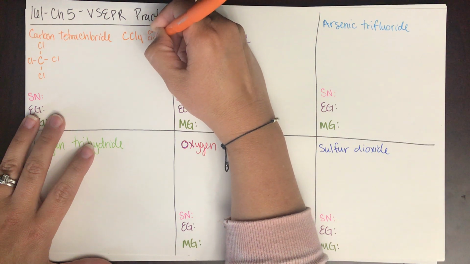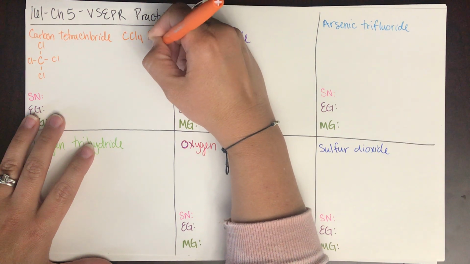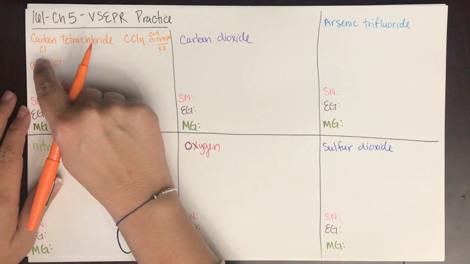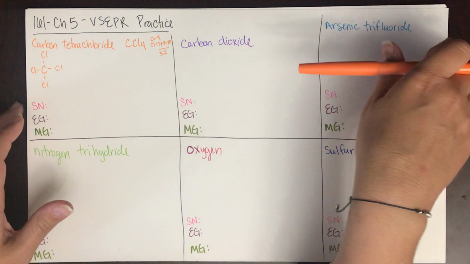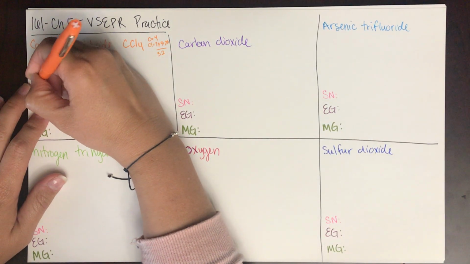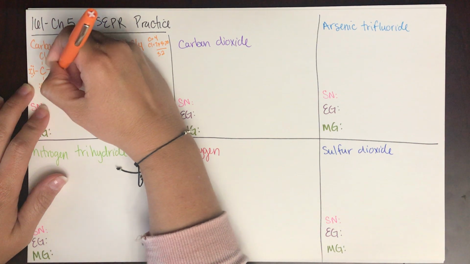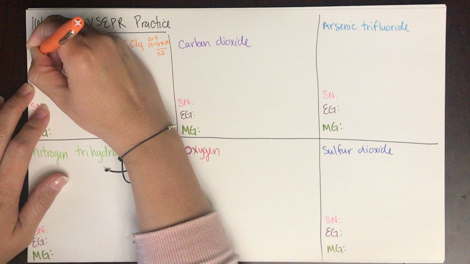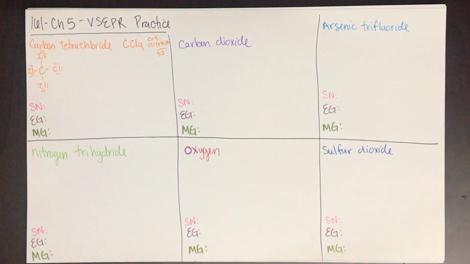Chlorine has 7 times 4 is 28. So I have 32 total valence electrons. So far I've used 2, 4, 6, 8. So I'm going to distribute the rest of these around to use up the remaining electrons. And 32 electrons will get me so that everybody has a full octet. So this is the correct Lewis structure of carbon tetrachloride.